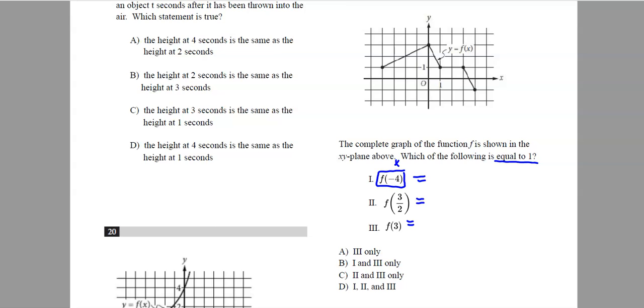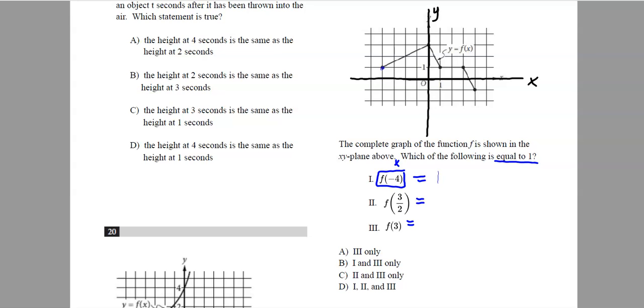So when x is negative 4, let me darken our coordinate. This is the x-axis. This is the y-axis. All right? So let's figure things out. At negative 4, 1, 2, 3, 4, it looks like the y value was 1. So that one equals 1.